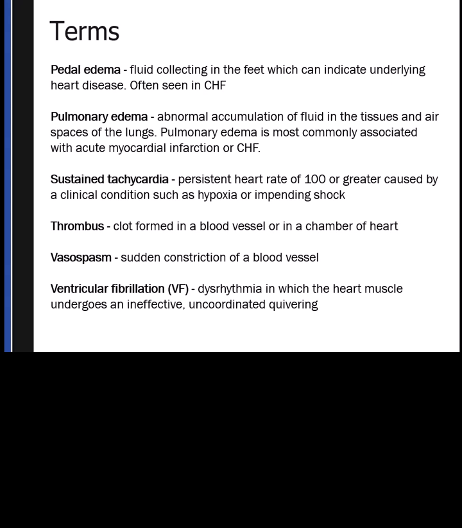Not so much vomiting, because remember, vomit comes from here, but if your patient coughs, they'll have little specks of blood in the sputum that they will cough up.